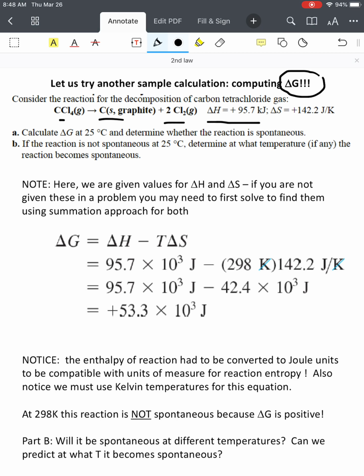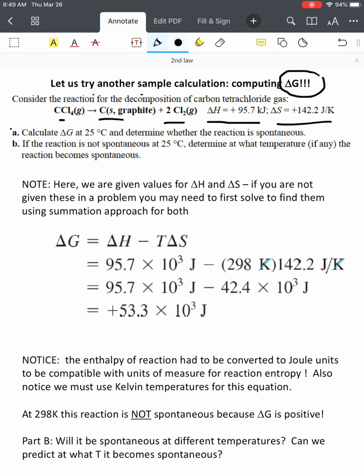We're told delta H for this reaction. We're told delta S for this reaction. Delta H is our enthalpy change. Delta S is our entropy change for this reaction. Now what we want to do is compute at 25 degrees Celsius, delta G, determine whether this reaction is spontaneous as written. Let's tackle that one first, okay?